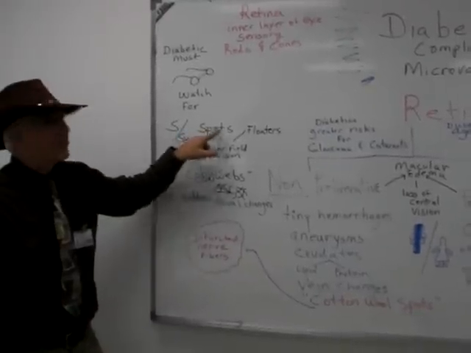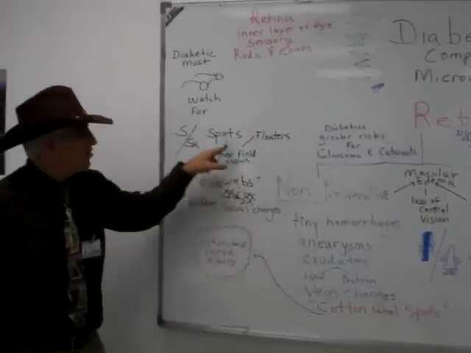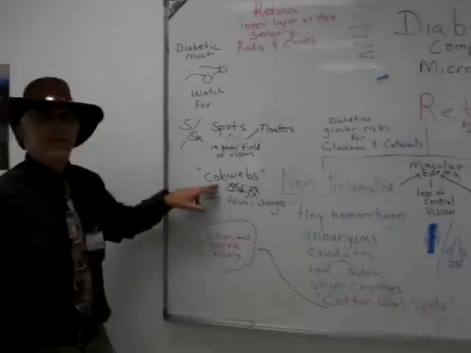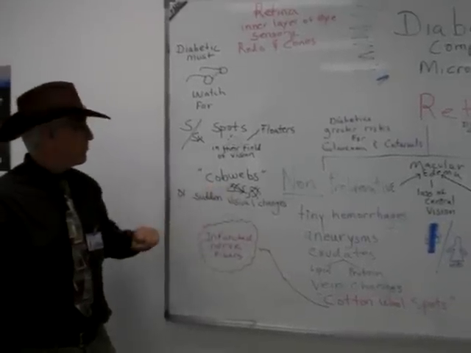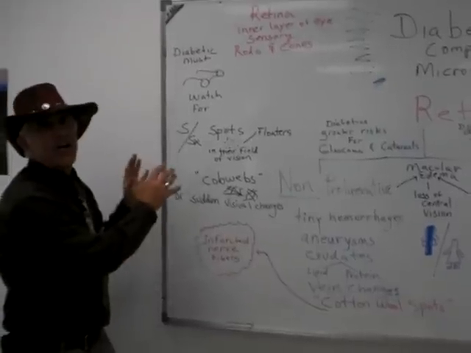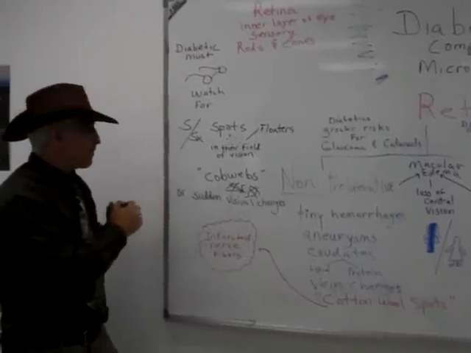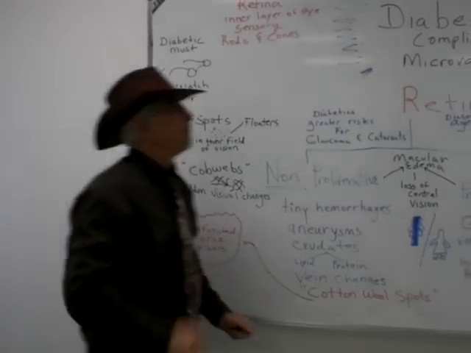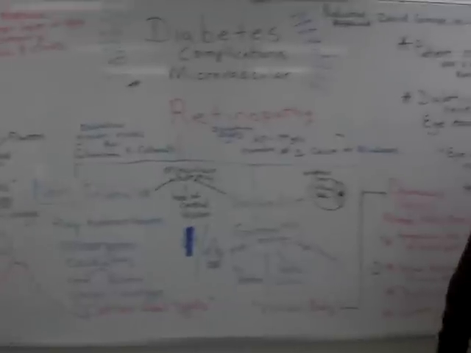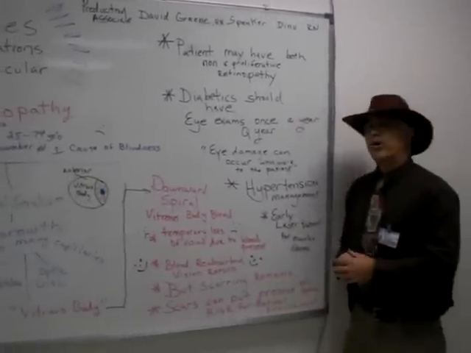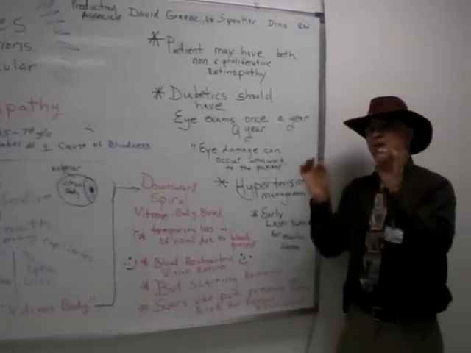They may see spots, otherwise called floaters, in their visual field. Okay? Or they may see cobwebs. Or they may have sudden visual changes. Either or, they need to contact the doctor right away. Okay. Now, there can be problems that the patient is unaware that they're having visual or retinal damage.